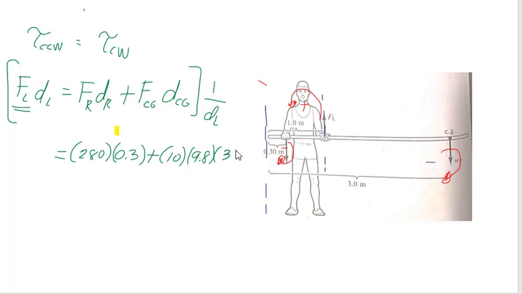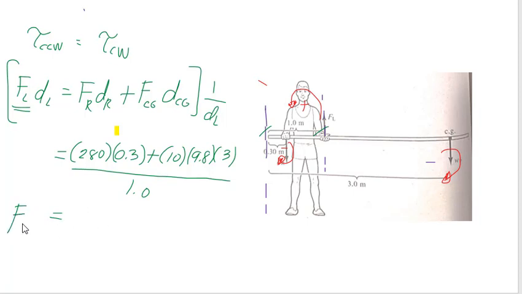Then divide everything by the distance of the left from the axis of rotation, that is 1 meter. Our answer is 280 times 0.3 plus 10 times 9.8 times 3, divided by 1.